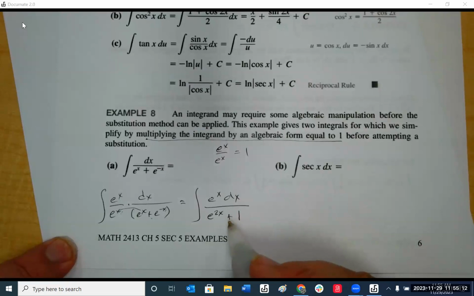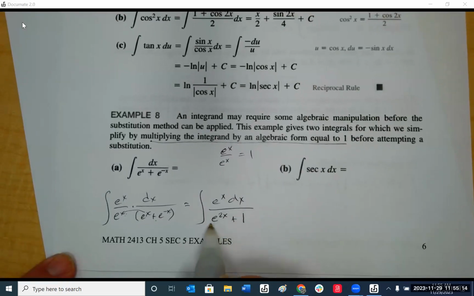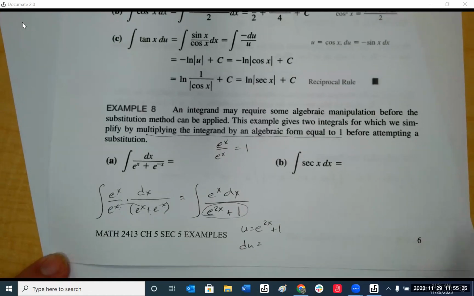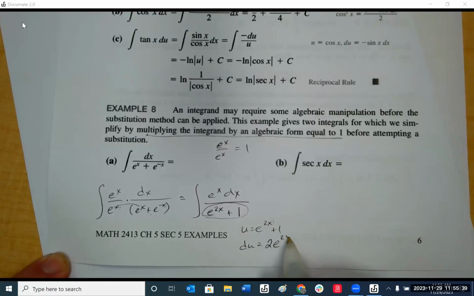Okay, so if we look at this equation, this is my u. What would du be? du would be the derivative of the exponent, which is 2, times the e to the 2x.